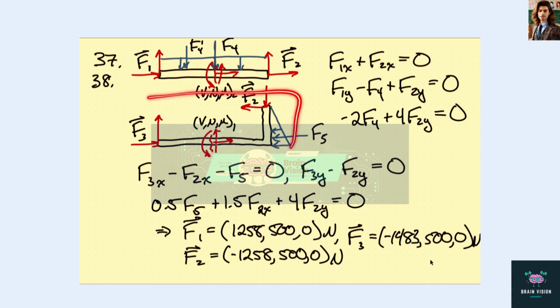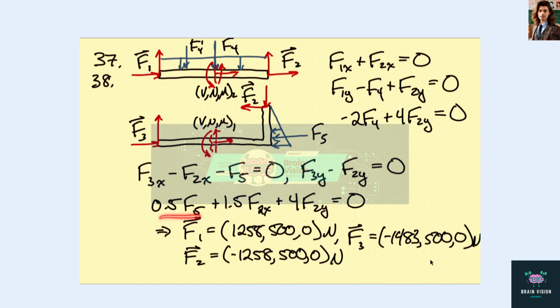And for this part of the structure, we have F3x minus F2x minus F5, where again F5 is the equivalent point load for this distribution. And in the y direction, we have F3y minus F2y is 0.